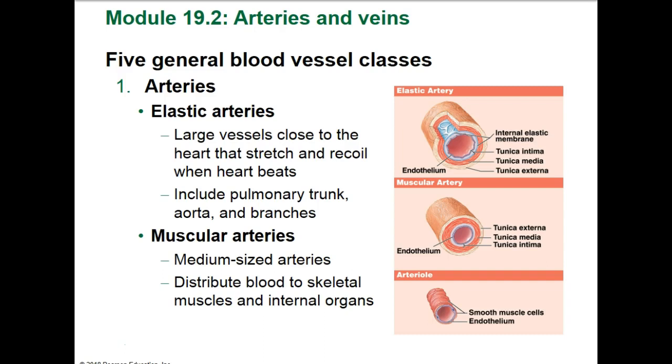Okay, as we move to the muscular arteries, they're medium-sized arteries. They distribute blood to the skeletal muscles and internal organs. So we may have a little less pressure, but we might need the muscles to help with that movement at this point.